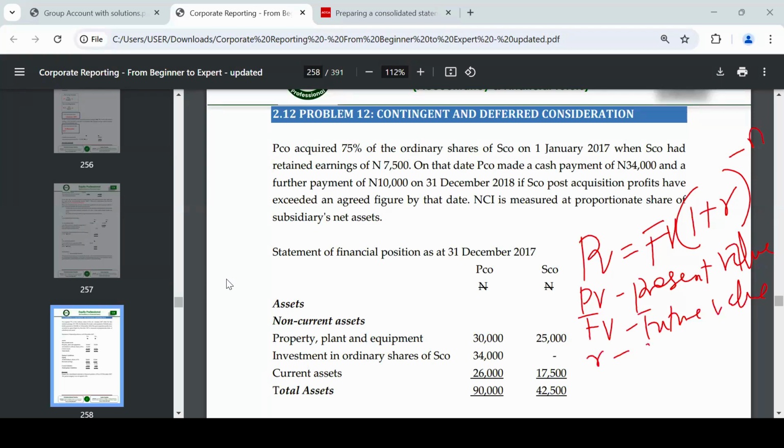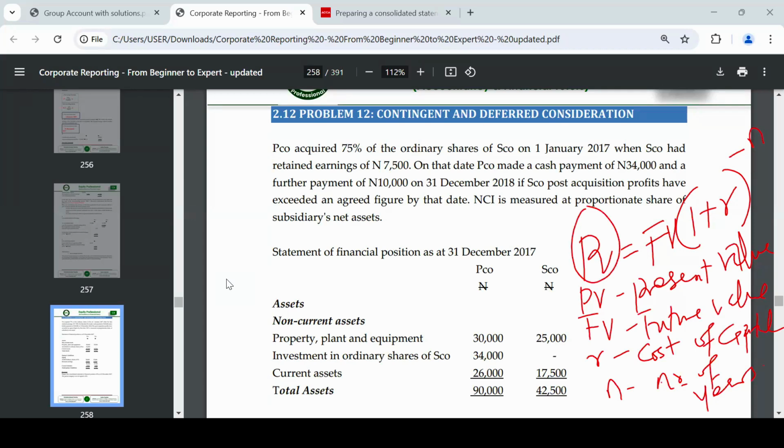And the discounting rate is usually the cost of capital of the parent company. And then N is the number of years. Okay, so you need to do a simple calculation of the present value.